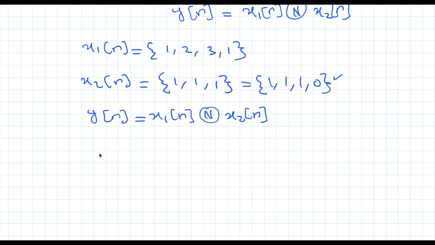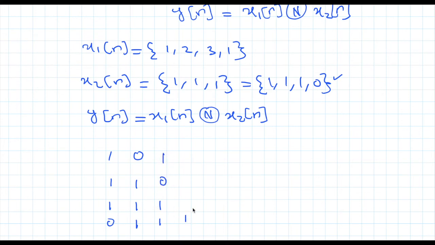Now I am writing the values of the second sequence to form the matrix. So I am writing it as 1 1 1 0. That is the first column. Then I am rotating this column, so I'm writing 1 1 1 then 0 over here. Then I'm rotating it again, so I will have 1 1 1 0.